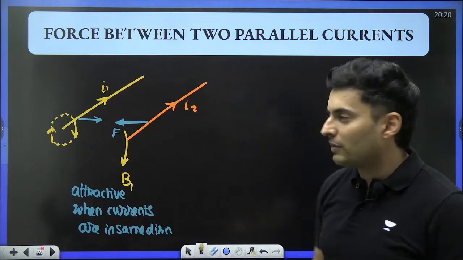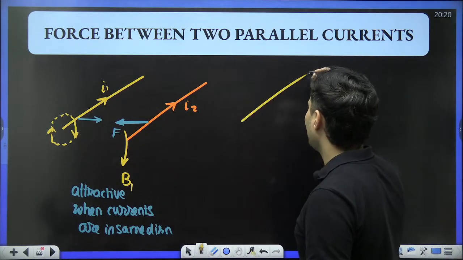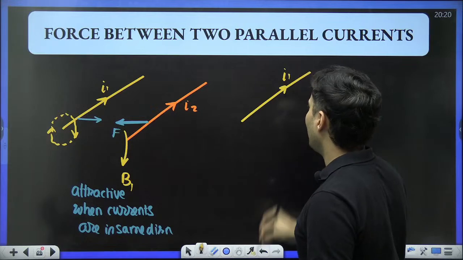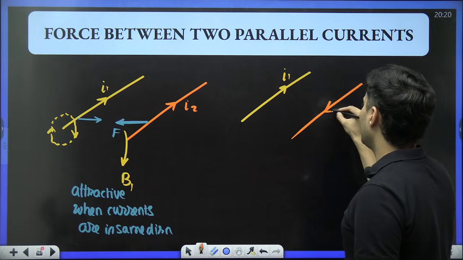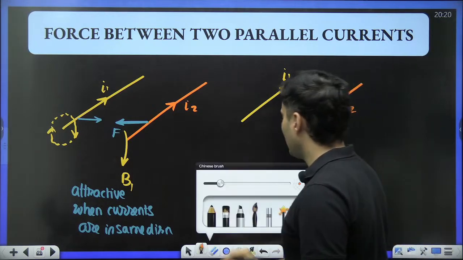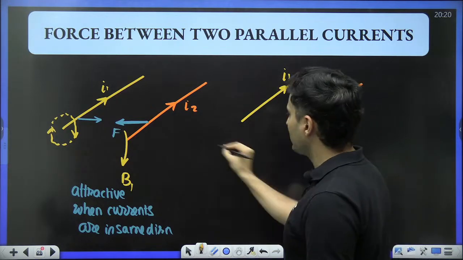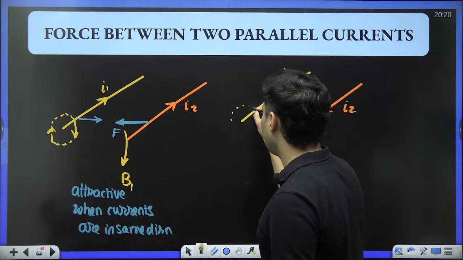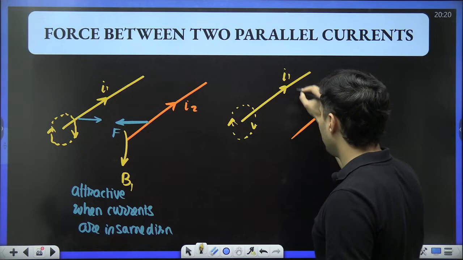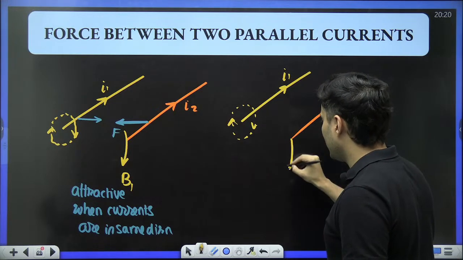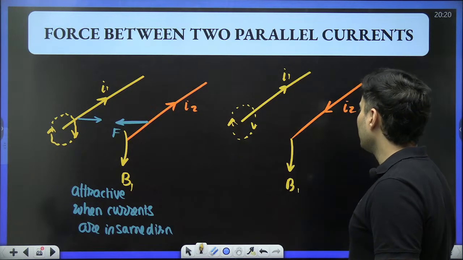Obviously, it will be repulsive if the currents are in the opposite direction. You can check it out. Imagine there is a current I1 and the current I2 is exactly opposite. Still, this wire will create its own magnetic field like this, so the field will be going like that over here, B1.